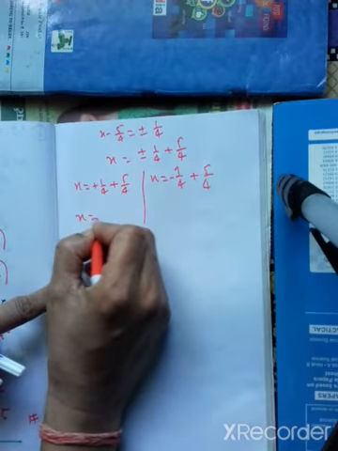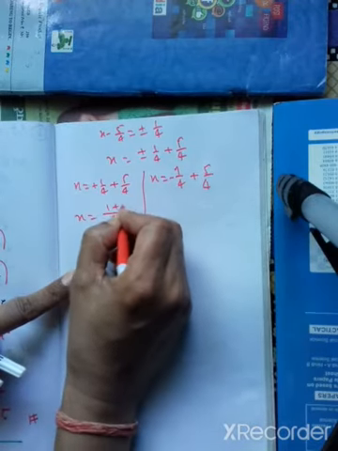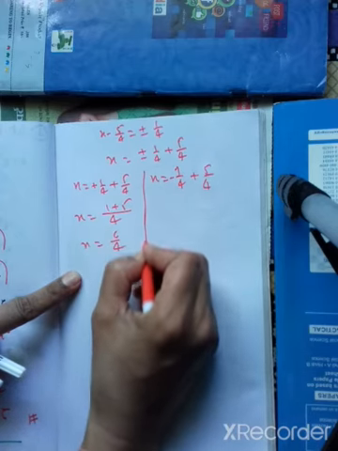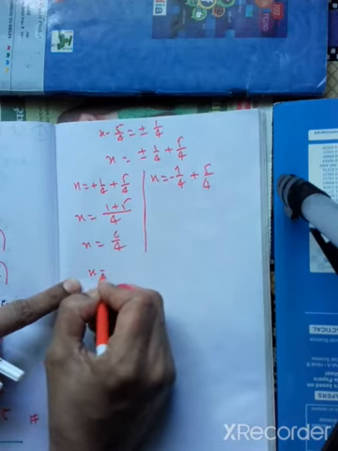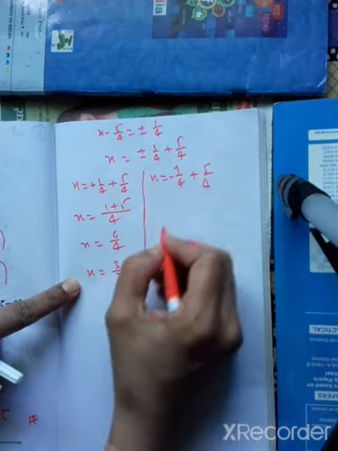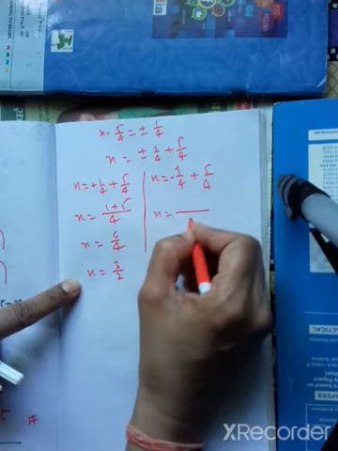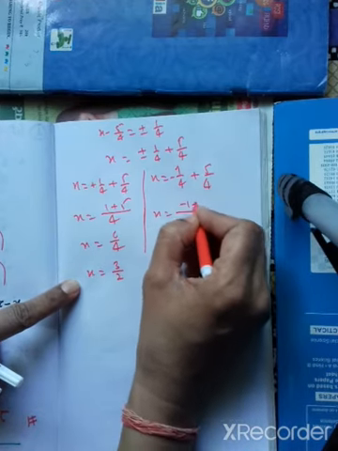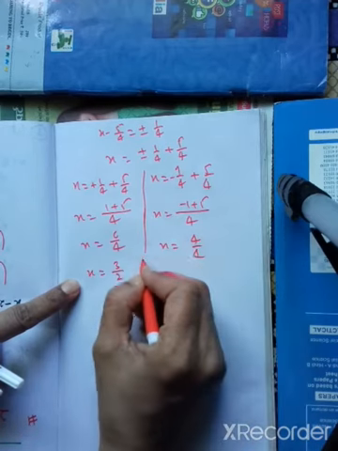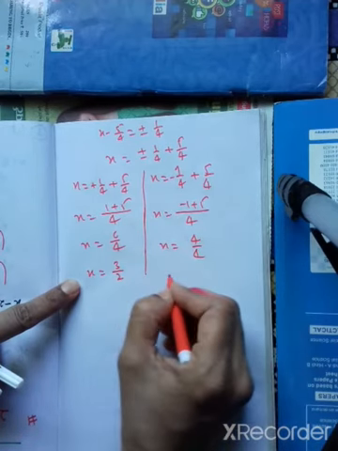When you solve it out, 1 plus 5 is 6 by 4, that is 2 threes are 6, 2 twos are 4, so 3 by 2. And here, minus 1 plus 5 is 4 by 4, and that is 1.